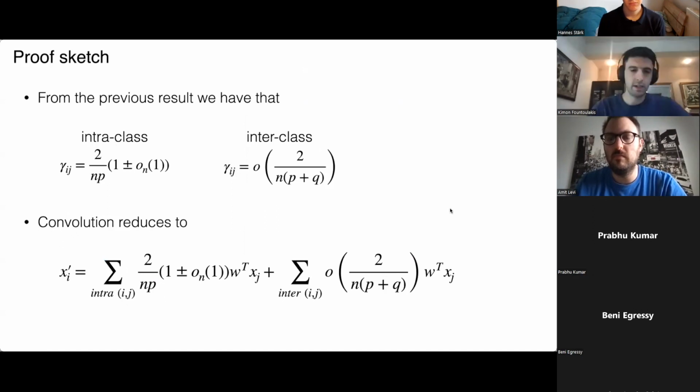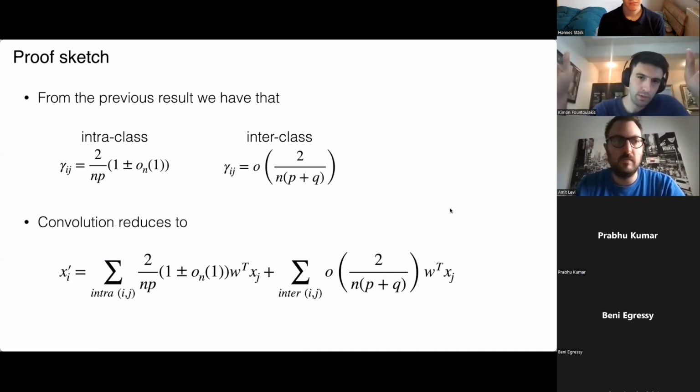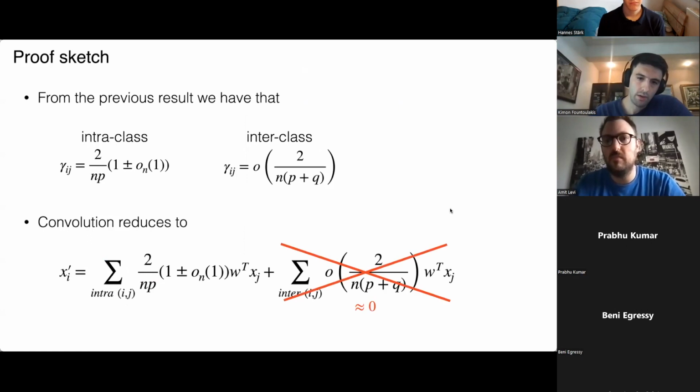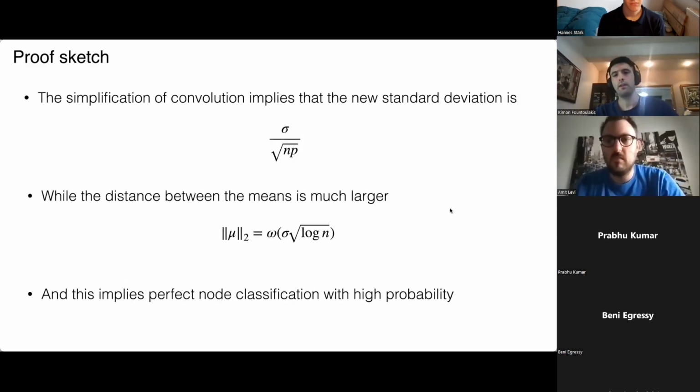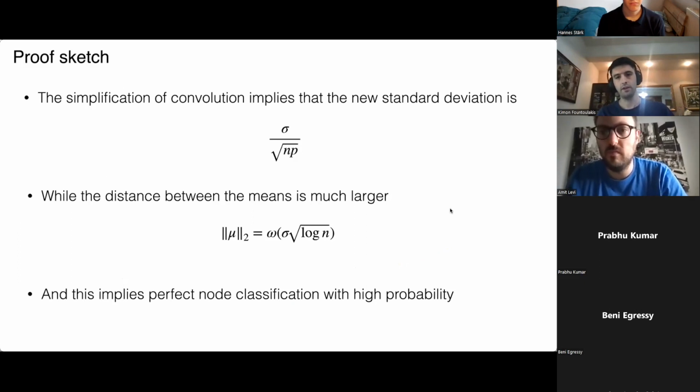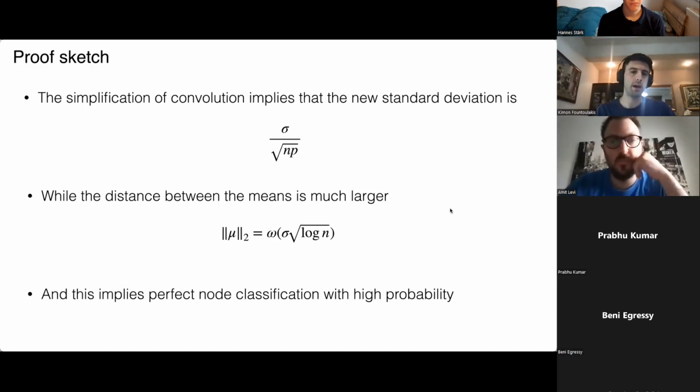All right, so how do we prove this? Well, we have to utilize the gammas from the previous theorem. We take those gammas, there's a large gap between intra-gammas and inter-gammas, and we plug them into the convolution equation. After you plug them in, you get that the inter-edge part of the convolution operation is basically 0. So all you're left with is the intra-edge part of the convolution. This results in a very nice variance reduction, meaning that the variance from sigma is now going to become sigma over square root of NP.